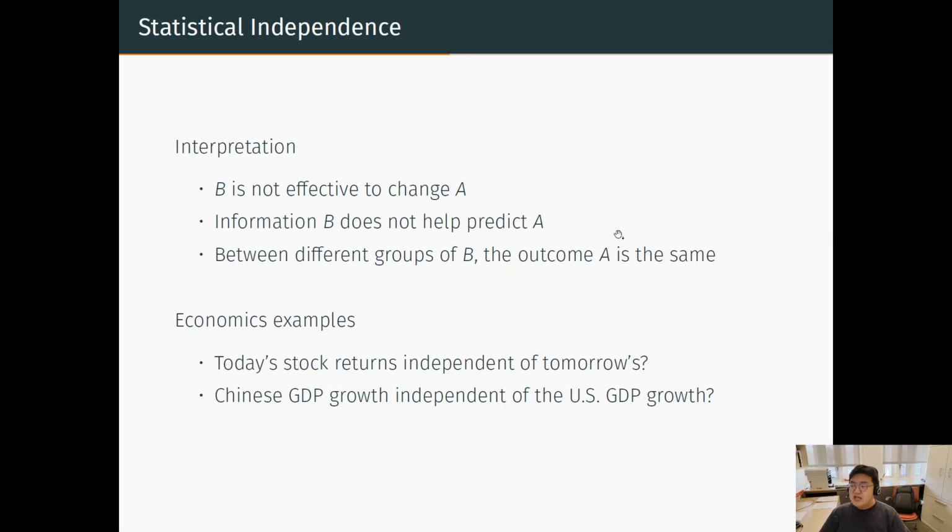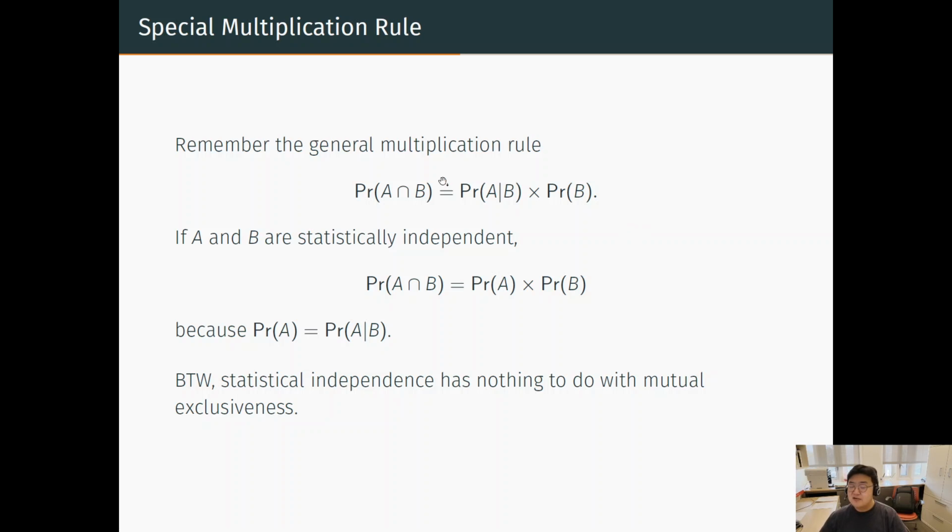And then also the independence implies a very interesting result for the multiplication rule. So this is the general multiplication rule. The probability that A and B happen at the same time can be understood as the probability that B happened first, and then given that condition, A happened, right? I explained that as simultaneous or sequential interpretation. It does not matter; this is true in general. This rule is derived from the definition of conditional probability, just moving this probability from the denominator to the other side.